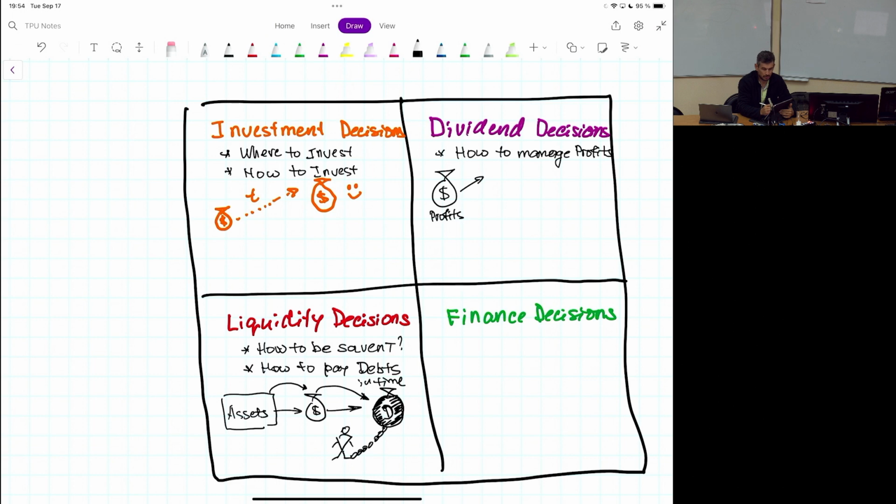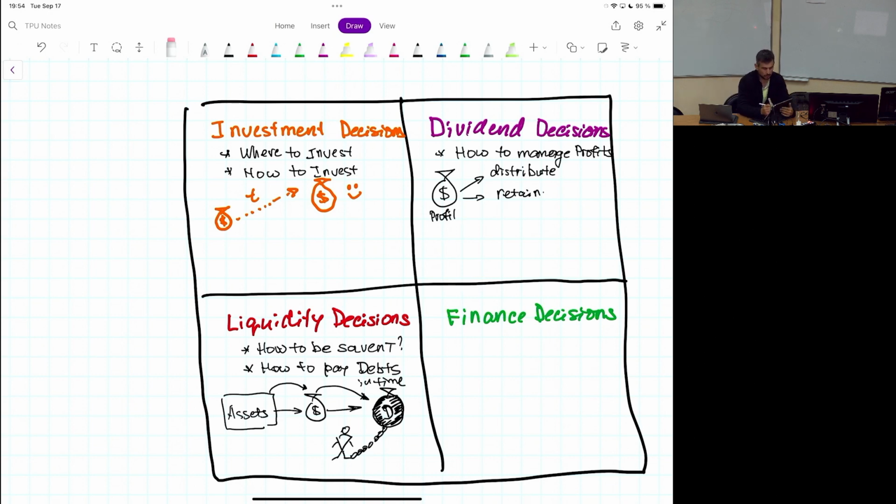You can either distribute profits, for example, to shareholders of the company, or you can retain it. Retain is to keep. So you set it aside for the company, and you kind of make funds out of it.